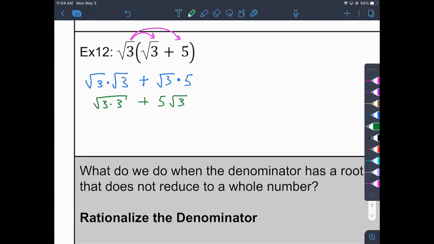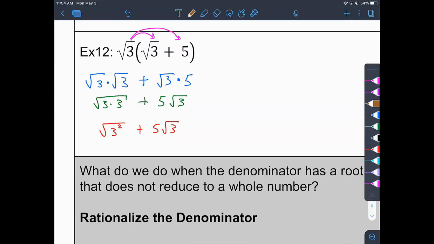Now you can go two different ways. You could combine the 3's together and make 9, and then ask what's the square root of 9. Or you can write it as root 3 squared, then plus this 5 root 3. At this point, you're like, okay, this index is not written, so it is automatically a 2 for the index, and I have an exponent of 2.